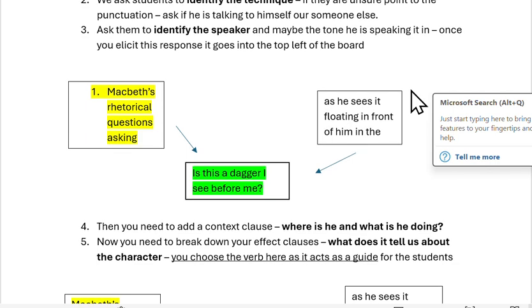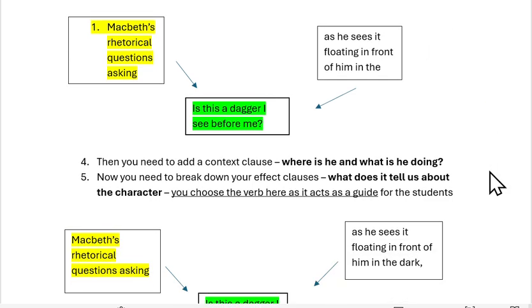So now we need to add our first effect clause. So our first effect clause, I always talk about dealing with the character or the person or who the textual example is directed towards or is describing. So as a teacher, we choose the verbs, the connecting verb for the student. Why do we do that?